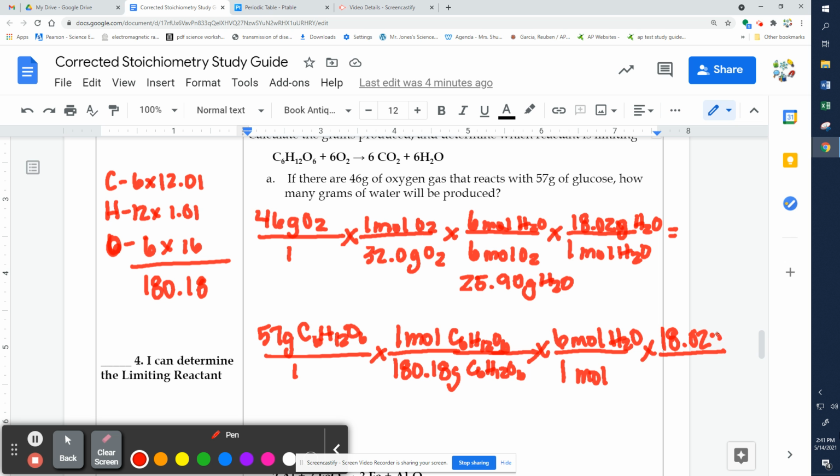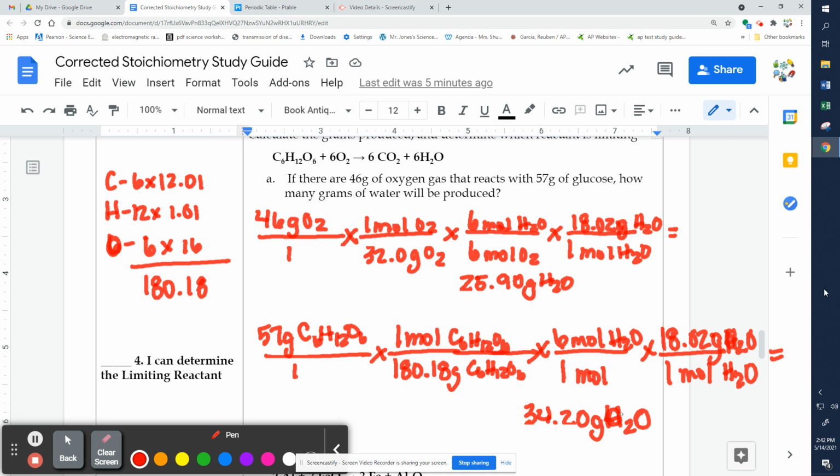So again, 18.02 grams of water over 1 mole of water. When I enter all of that into the calculator, 57 divided by 180 times 6 times 18.02, I should get 34.20. And that's grams of water.